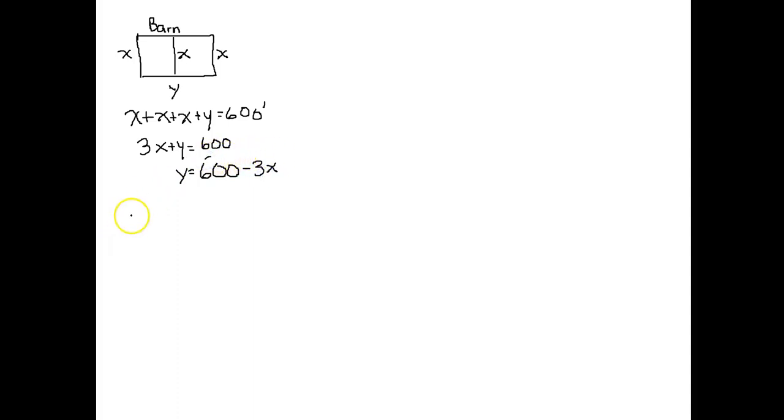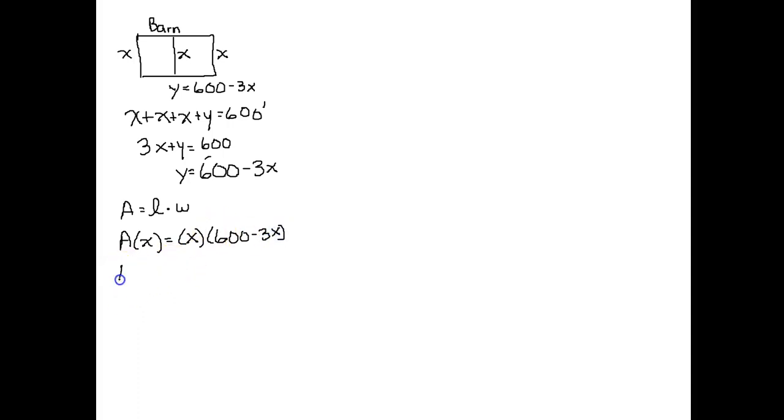All right. If we want to find the area of a rectangle, that's length times width. So in our case, the area of this rectangular region, we've got to do x times 600 minus 3x.